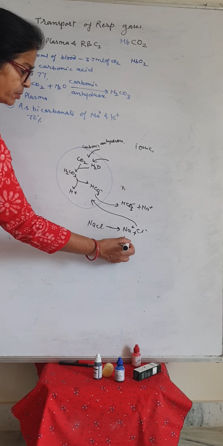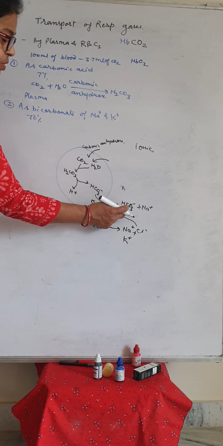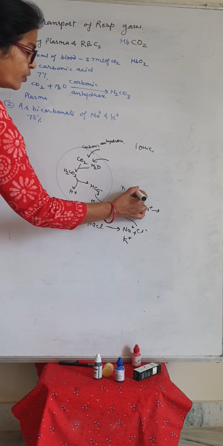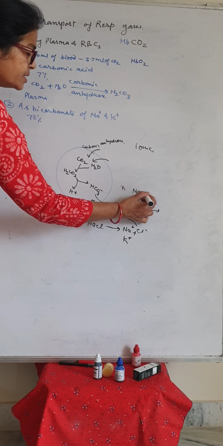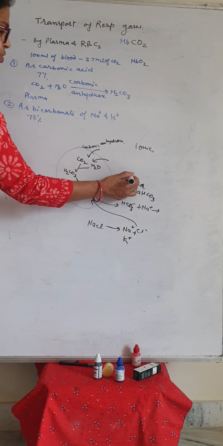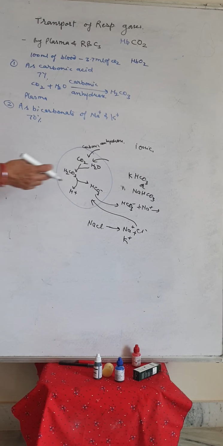Outside, the HCO3 that comes out combines with sodium ion. The potassium may also be there, as KCl may break down. So the bicarbonate ion plus sodium ion forms NaHCO3, or if the potassium is dissociating, then KHCO3.